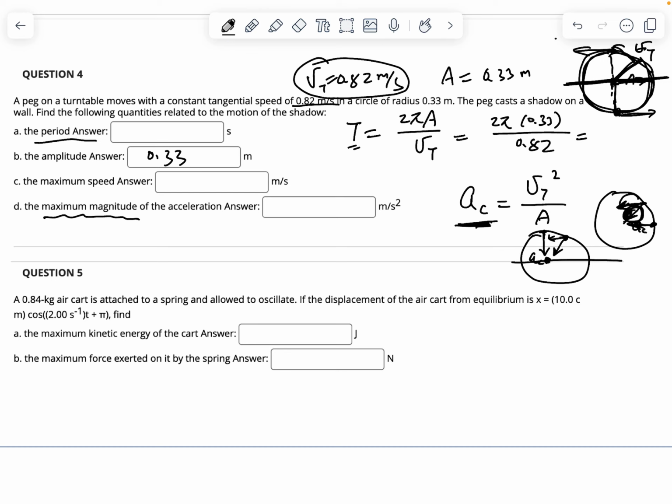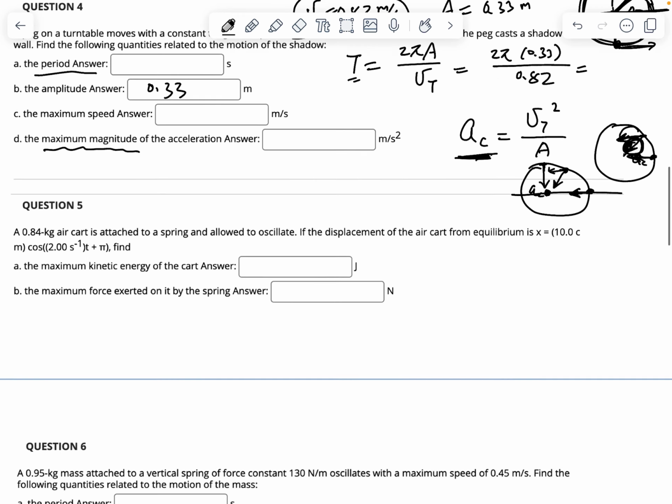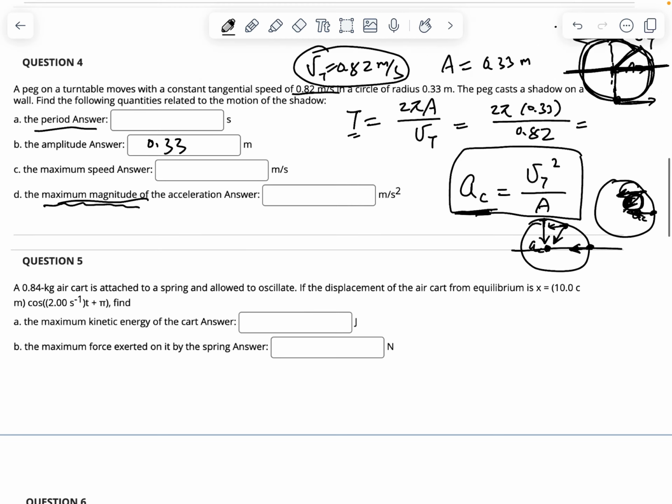Acceleration is 0. At the extreme location, acceleration is maximum. So that is the answer. This actually is your maximum acceleration for simple harmonic motion. This question asks you about the relationship between uniform circular motion and simple harmonic motion.